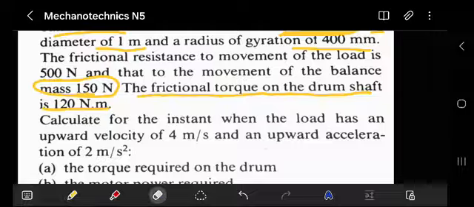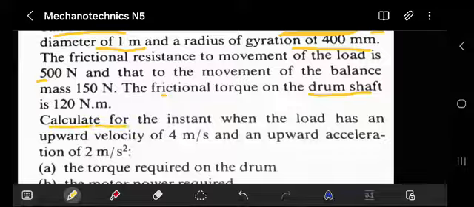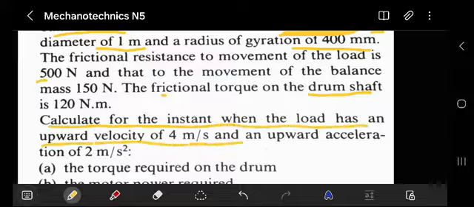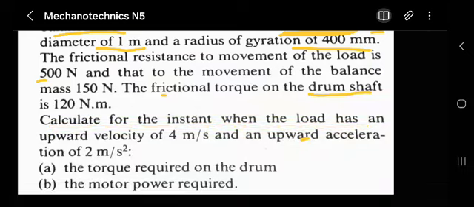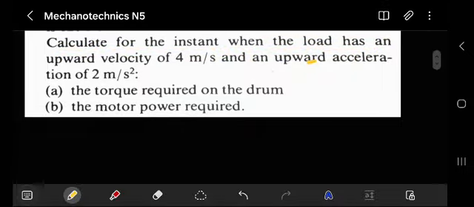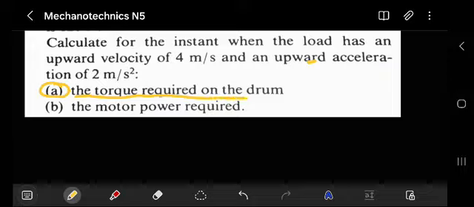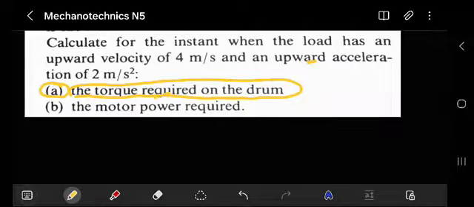So how can you go about it? It says calculate, for an instant when the load has an upwards velocity of 100 meters per second and an upwards acceleration of 2 meters per second squared, the torque required on the drum.